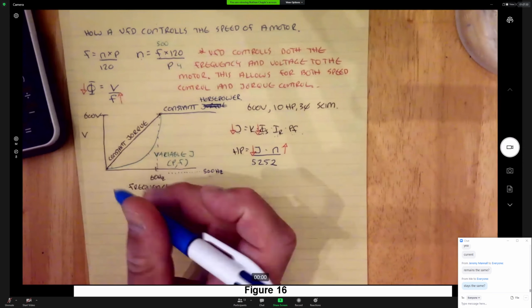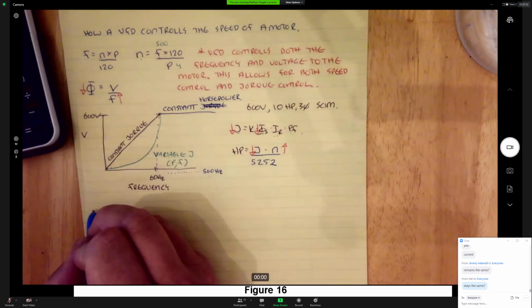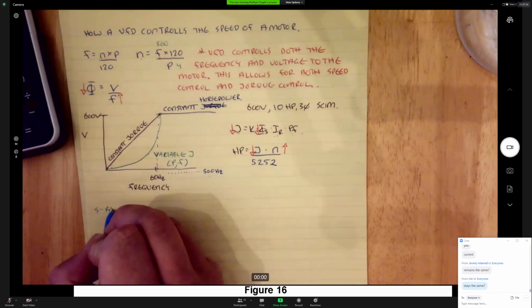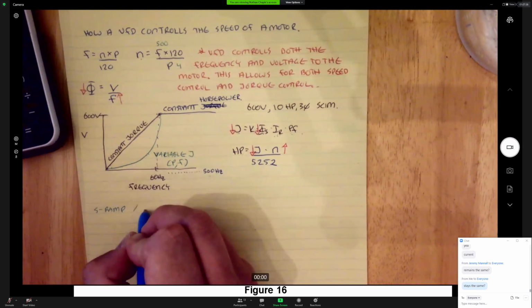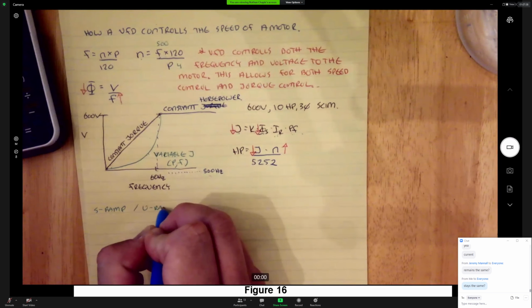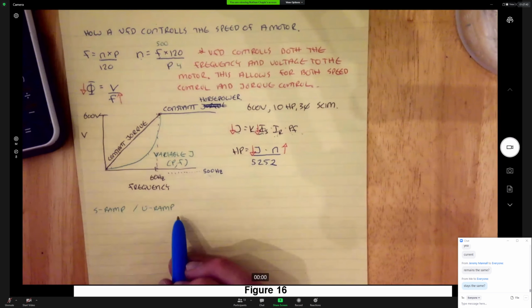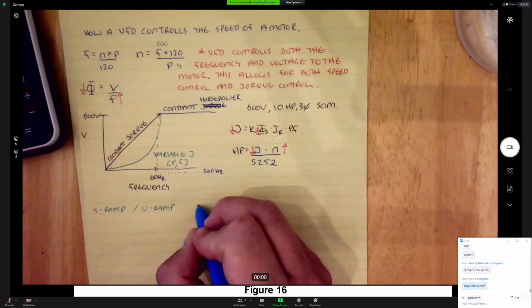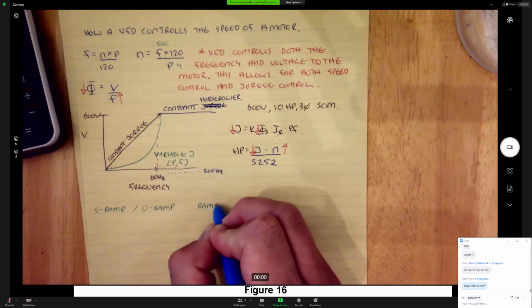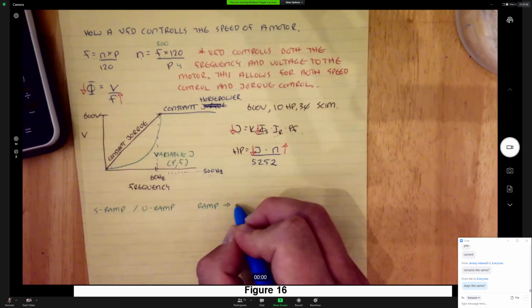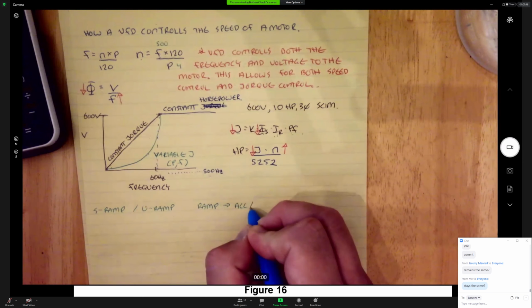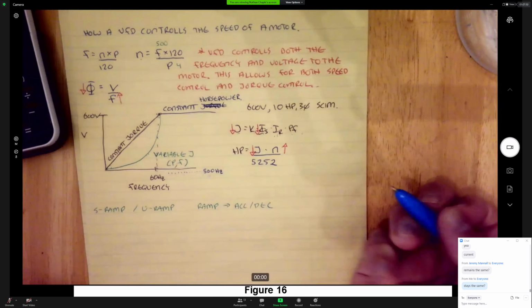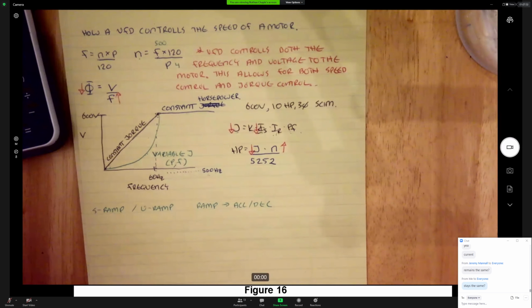There's also such a thing that's called an S-ramp, U-ramp. So when we talk about ramping a motor, essentially we're talking about accelerating or decelerating a motor. So if we talk about ramping a motor up, that means accelerating the motor or increasing the speed.